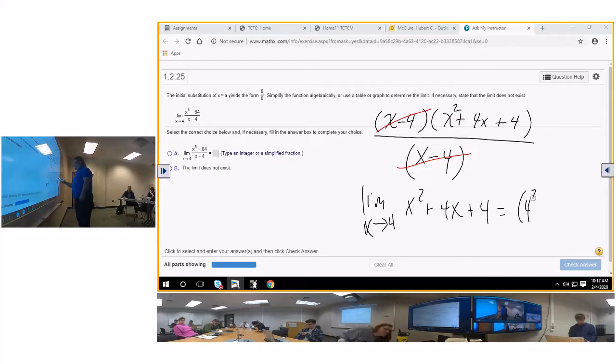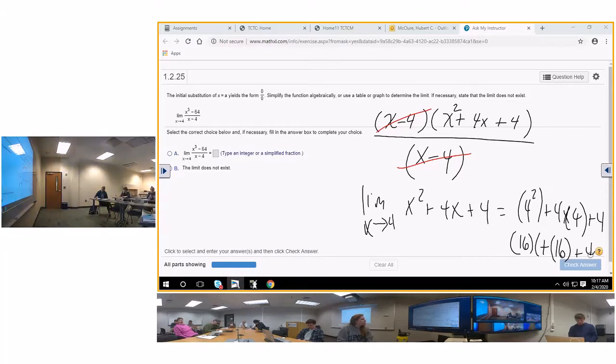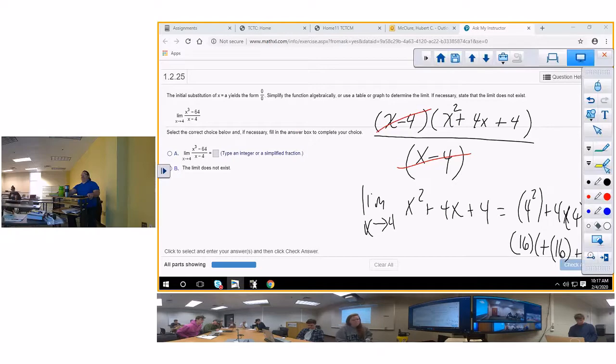which is 4 squared plus 4 times 4, plus 4. And what's 4 squared? 16 plus 16, sorry, plus 4. 16 plus 16 is what? 32. 32 plus 4 should be 36. So let's type in 36.